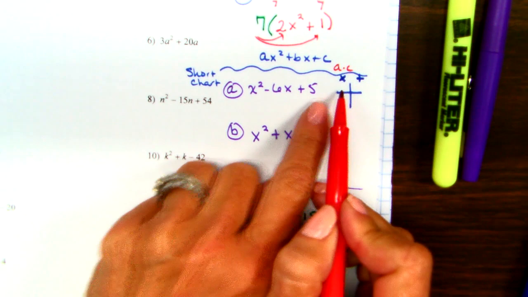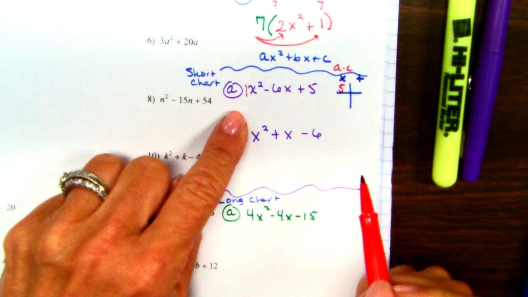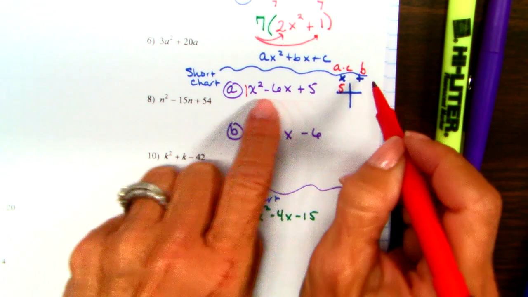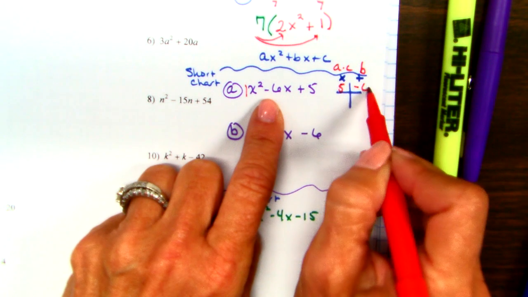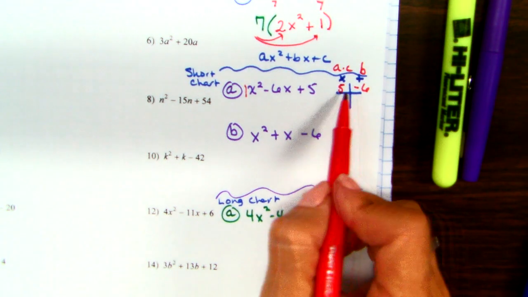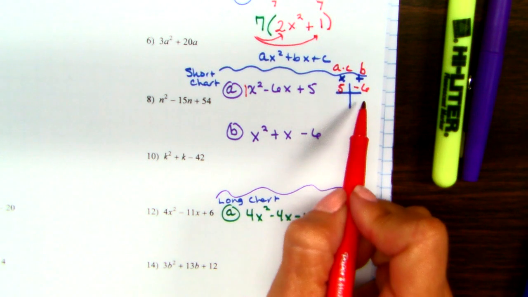So A times C, that's 1 times 5. And what goes underneath the plus sign is whatever your B value is. B is -6. So what we're looking for here is the two numbers that multiply to get 5, but also those same exact numbers add to get -6.